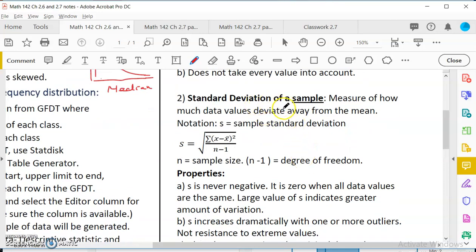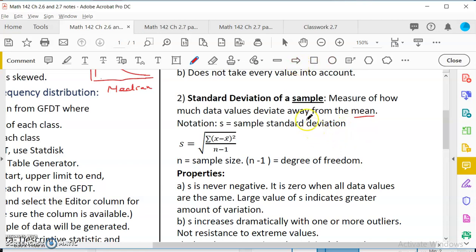The second one is a little better. It looks at every single value. The way to calculate the standard deviation is we look at how far each data point is from the mean. The mean is like a middle point, and if we say it is very varied, that means the data are far away from the mean.